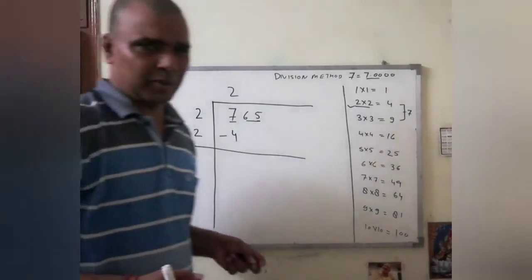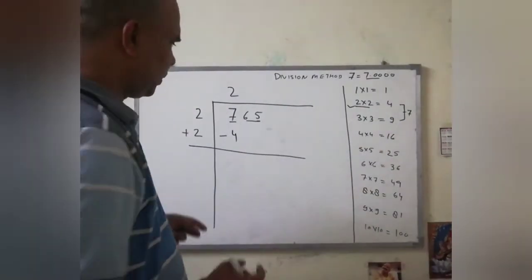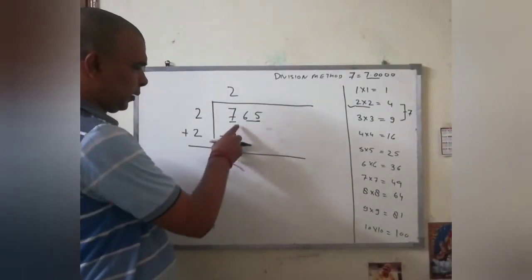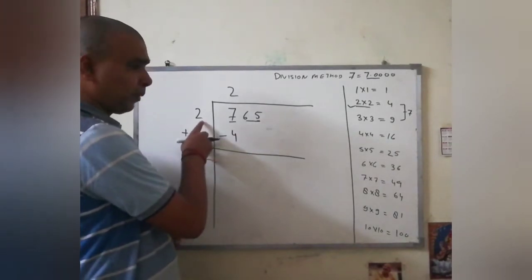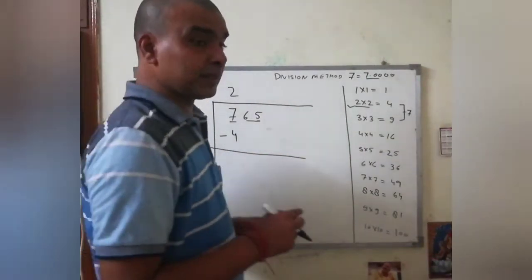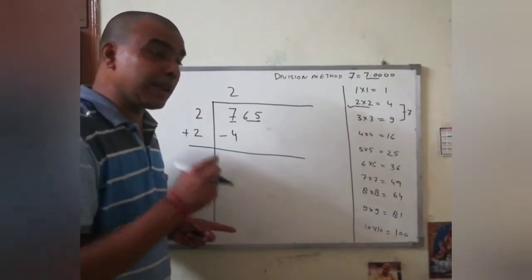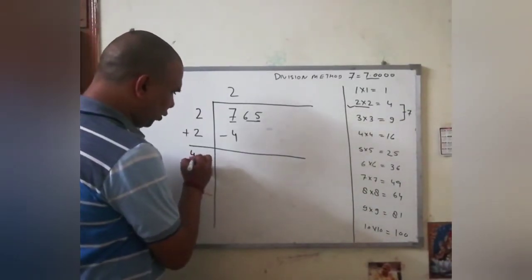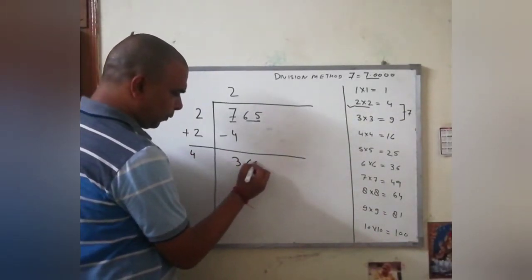Something you need to learn, okay? This technique you have to learn. Here you have to subtract, and here the same number which comes under one's place, you will be repeating the same number here. 2 plus 2, 4 and 3, 65.